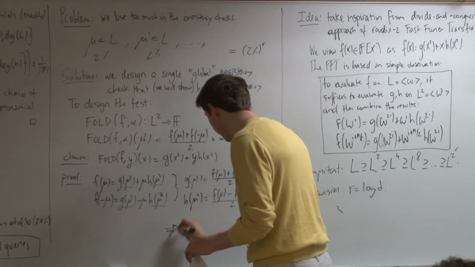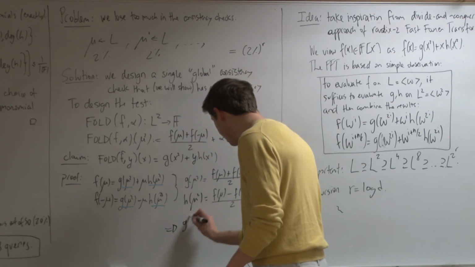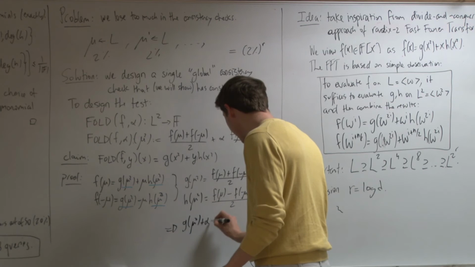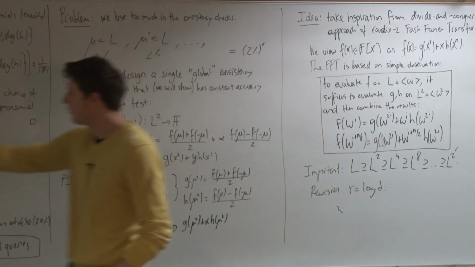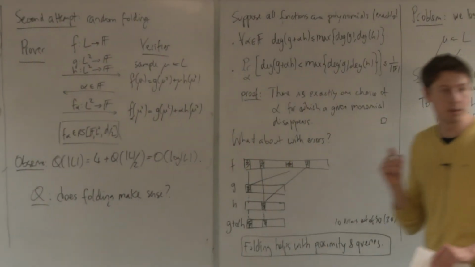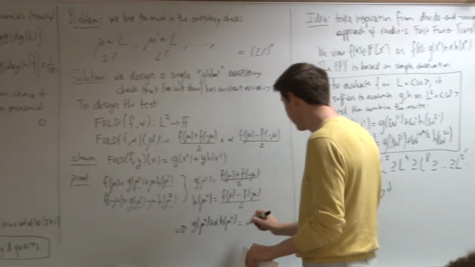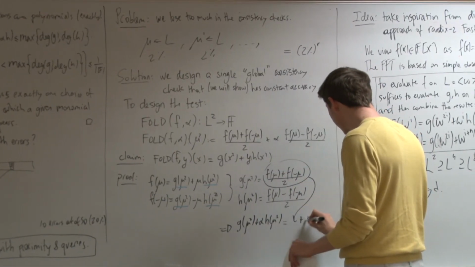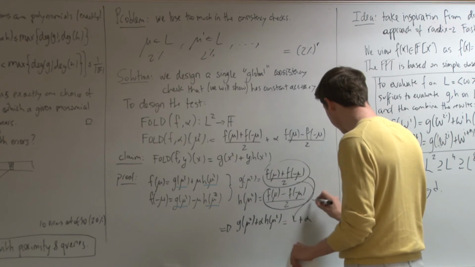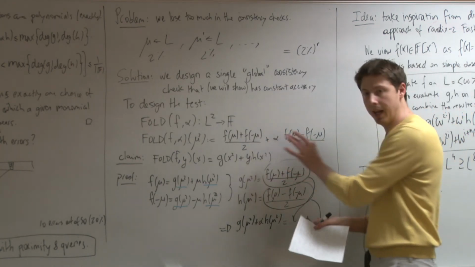Therefore, if I'm interested in g of mu squared plus alpha h of mu squared, which is this f alpha, then what is that? Well, it's exactly this expression plus alpha times this expression, right? So I can fold in my head.